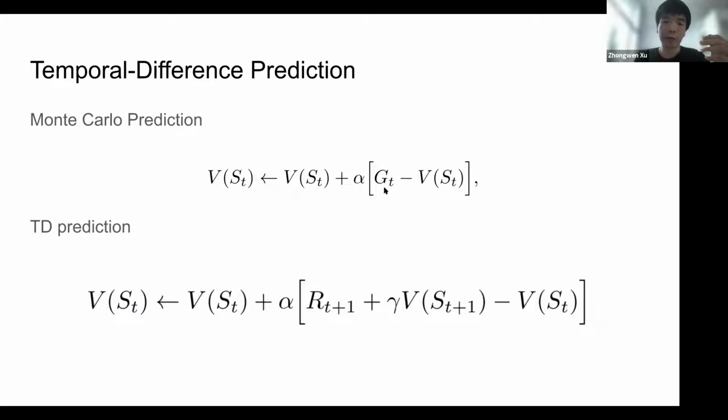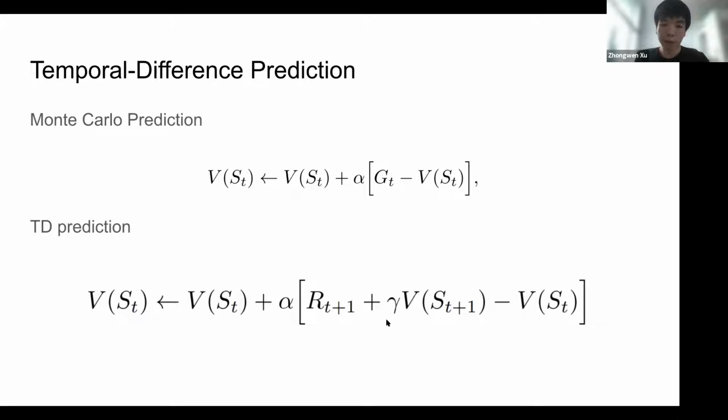Instead of actually running the policy till the end of the episode, we use an estimation, which is the next time step reward plus all of the future steps summarized in the value function of the next state.